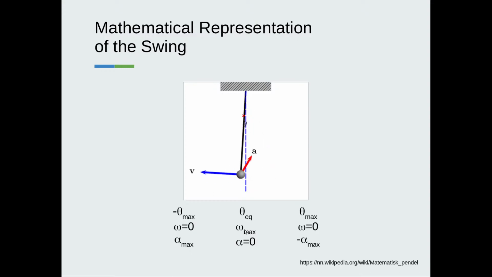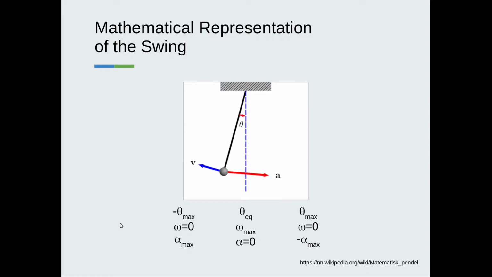The maximum angular speed, this is not angular frequency, sorry, this is angular speed, is when your pendulum is passing through the equilibrium point, and at the two highest points right here, the omega is 0.